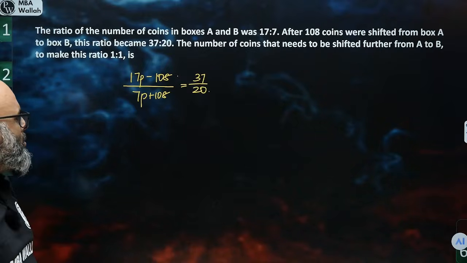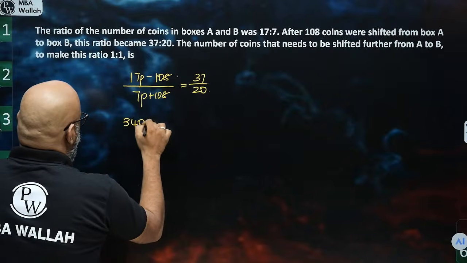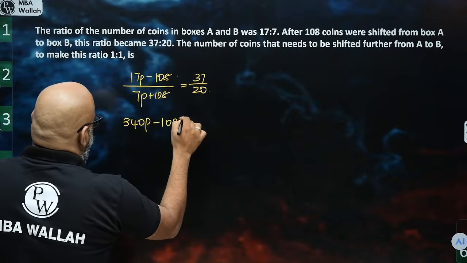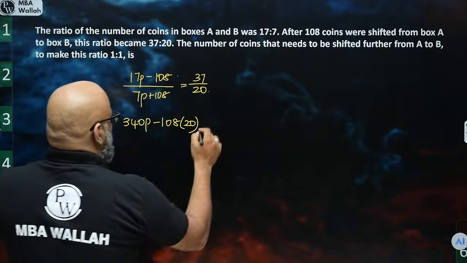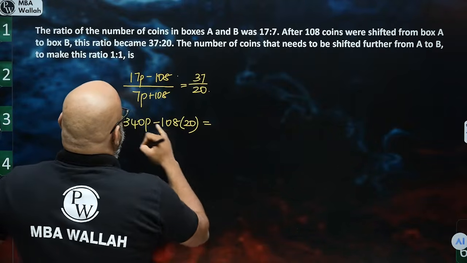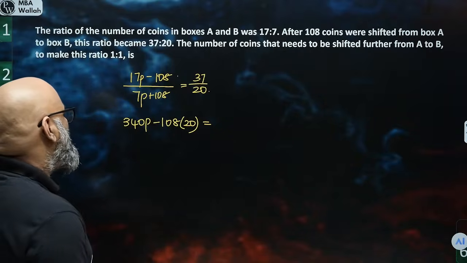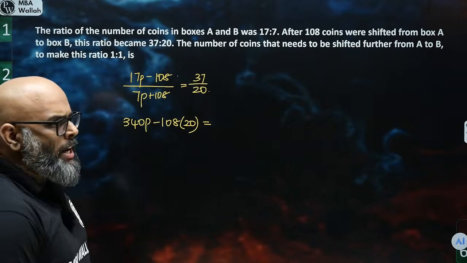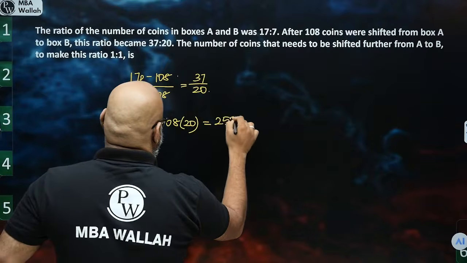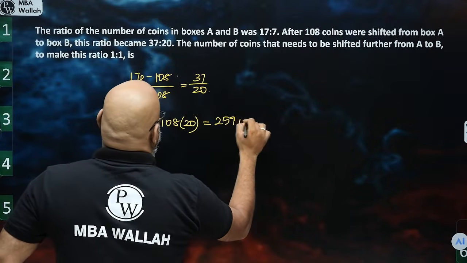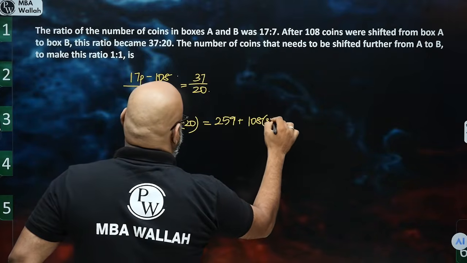Cross multiply and get this done. So this will be 340p minus 108 into 20. I'm not going to really multiply this. I'm going to keep it as it is, equal to 37 into 7. 37 into 7, 210, 210 and 49, 259p, plus 108 into 37.